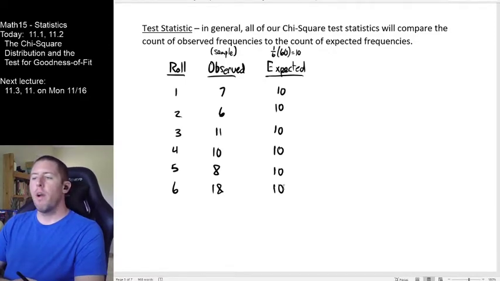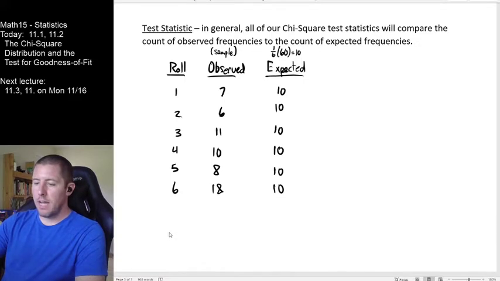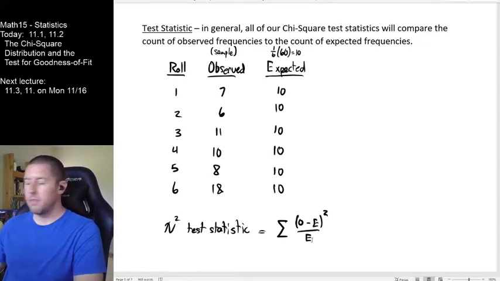So in general, we reference each of these as our O's and our E's. You'll see lots and lots of O's and E's in this chapter, for our observed values and our expected values. In general, we are going to compute our chi-square test statistic as the sum of the observed values minus the expected values, squared, divided by the expected values.